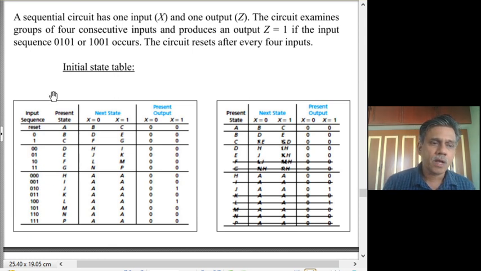So the machine resets after getting 4 bits, and let us look at a case where the machine is looking for the first bit of a group of 4 bits, and that is the initial or starting state. So we will call this state A, which you can call the reset condition.